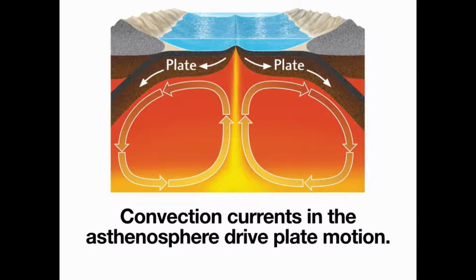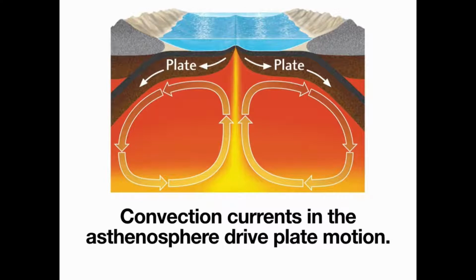Now, down in the asthenosphere, that melty, gooey, bubblegum-like rock is actually able to move. And it moves because of a process known as convection. Essentially, convection says that hot material becomes less dense and rises. Then when it rises, it cools down, becomes more dense, and sinks. What we end up with are these rising and sinking currents called convection cells in the mantle.